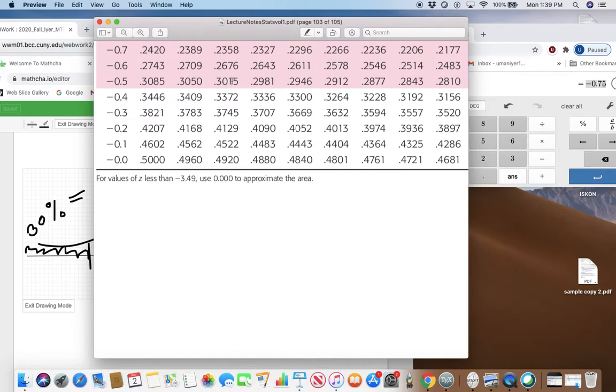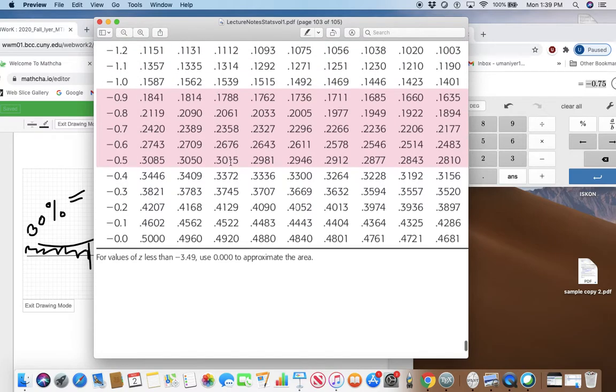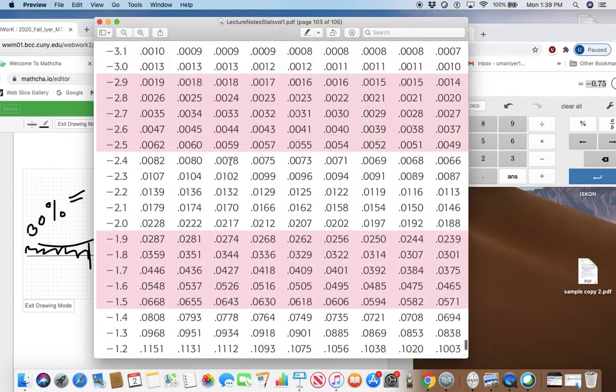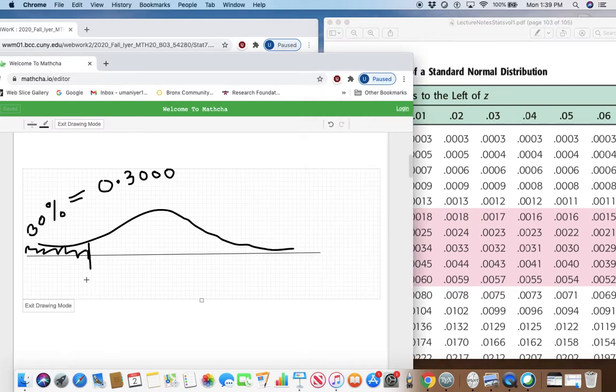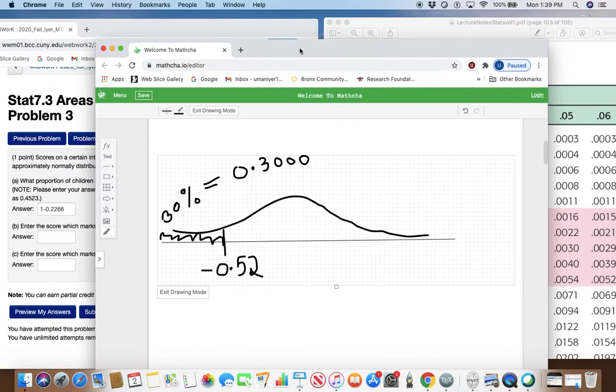So 3000 is closer to this. So that is negative 0.52. So the Z score here is negative 0.52. Okay, so this got us the Z score, mind you.